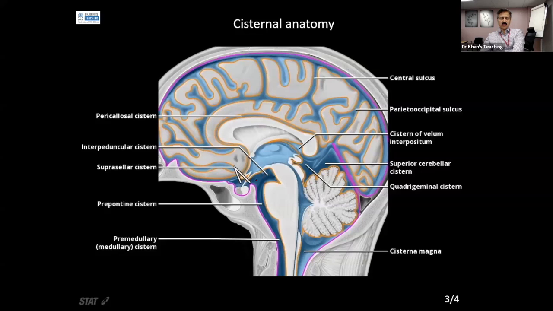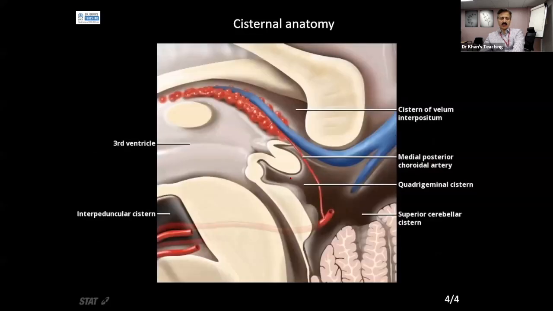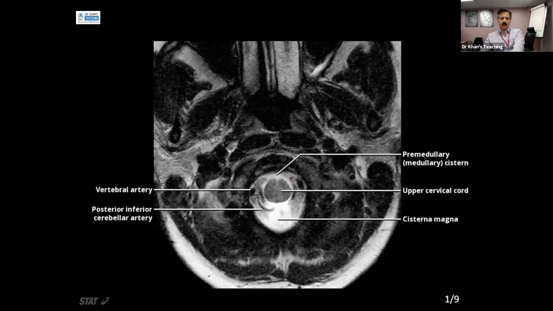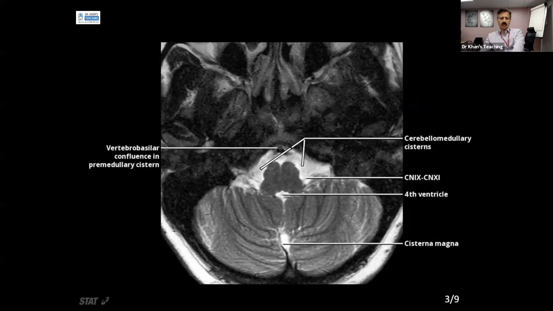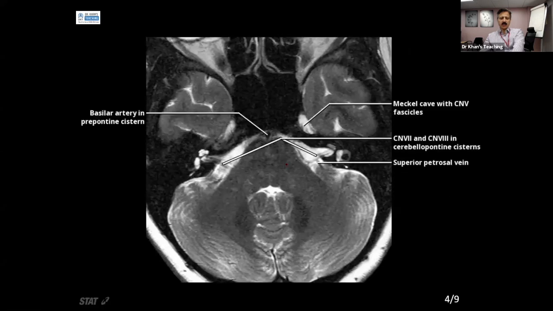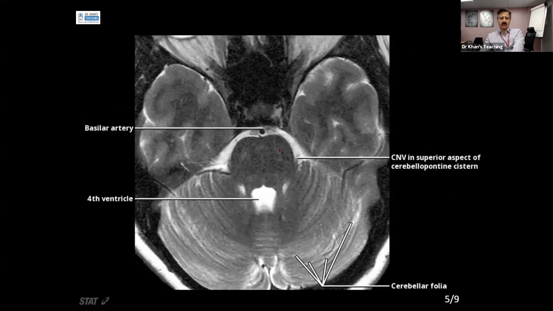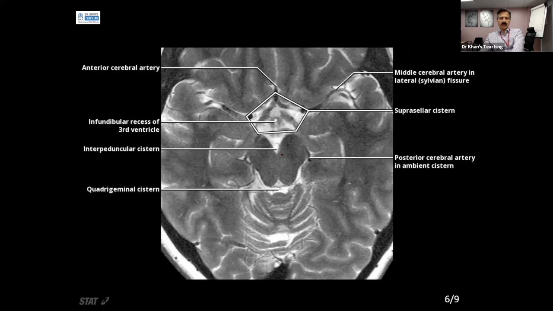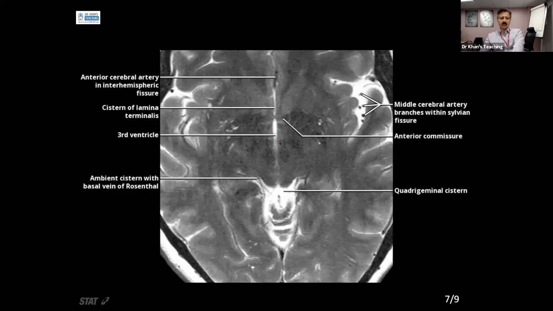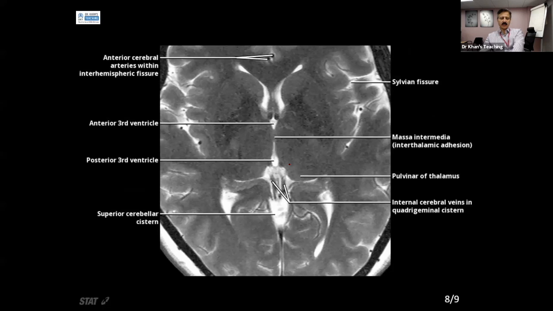So these are the same cisterns which we have already learned. These are the pre-medullary cistern, and then pre-pontine cistern with the basilar artery, and then suprasellar cistern, interpeduncular, ambient, and the quadrigeminal cistern, the third ventricle here.